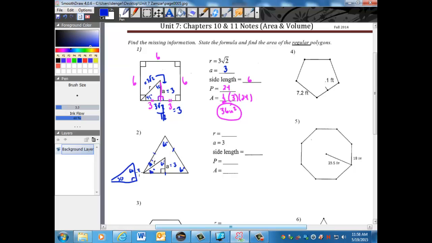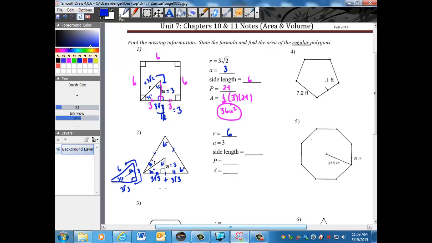We know that 3 is a short leg because it's opposite our 30-degree angle. So to move to the radius, it gets doubled. That'll be 6. So the radius is 6. And then to move to the long leg, we multiply by rad 3. So we have 3 rad 3 here. All right, and then since this piece is 3 rad 3, this piece has to be 3 rad 3 as well.